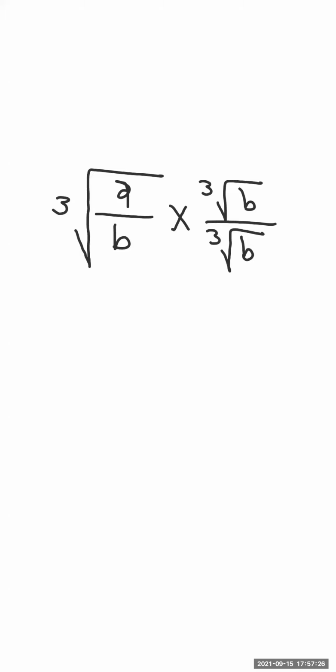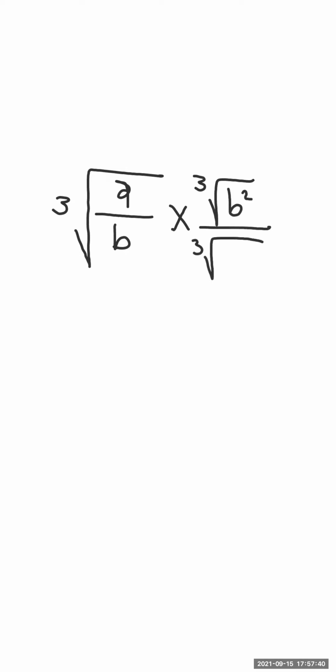So in this case, we have to multiply the number by cubic root of b squared, not b. So now b times b squared will equal the cubic root of b to the power 3, which means b.